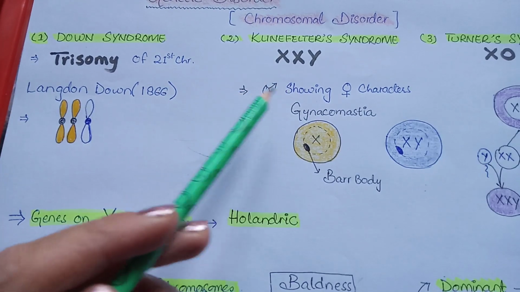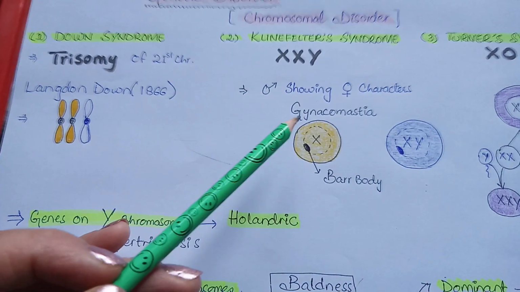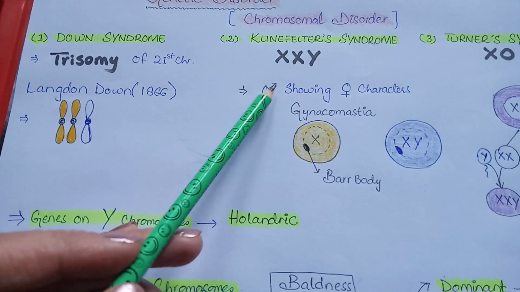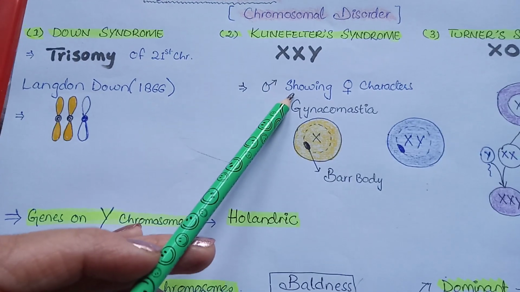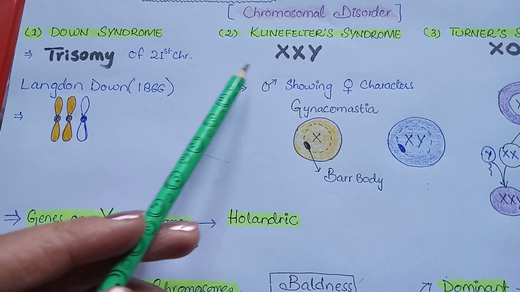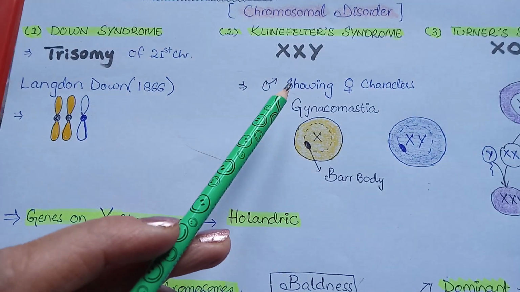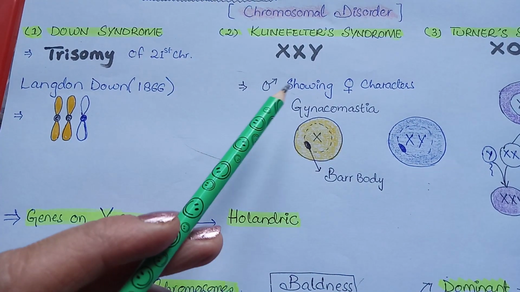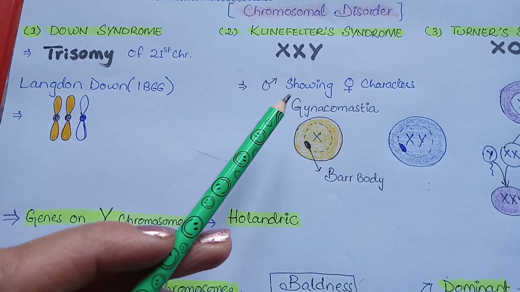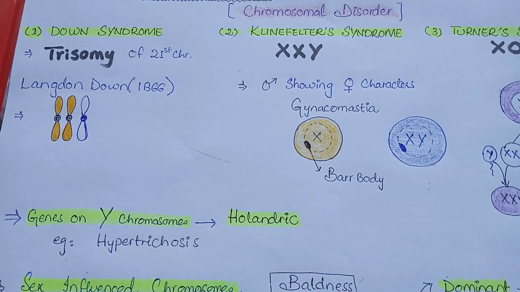In Klinefelter's, the individual is XXY, and because of the presence of the Y chromosome, this individual is going to be a male, and because of two Xs, it is going to show some feminine characters, with secondary sexual characters of females. So a male showing female characters.